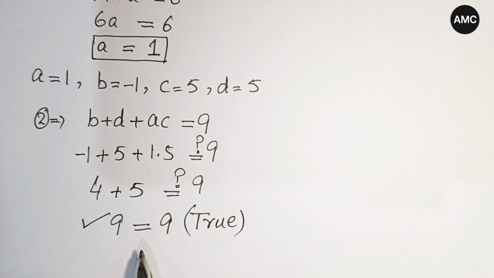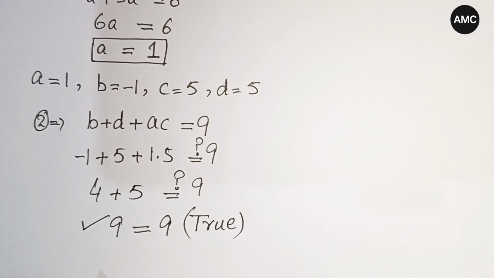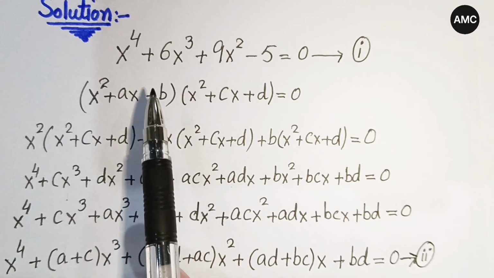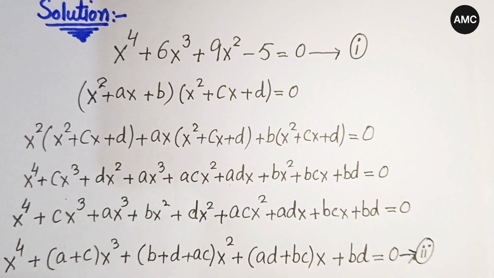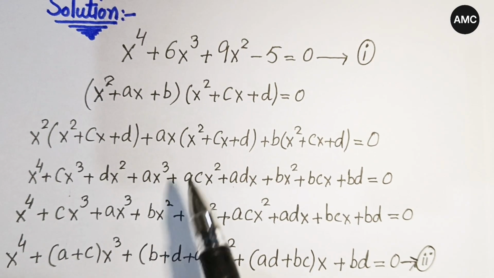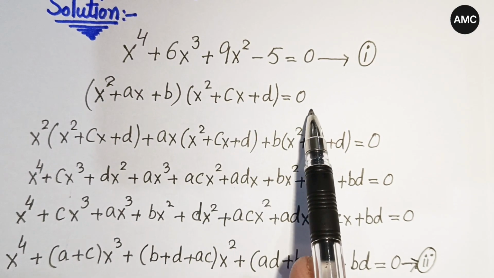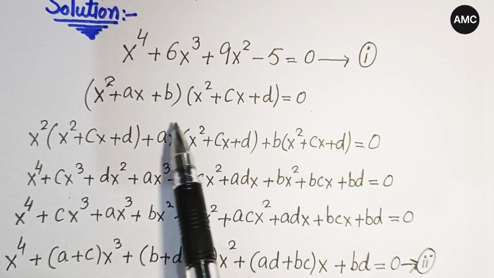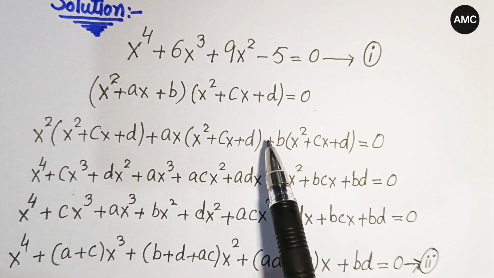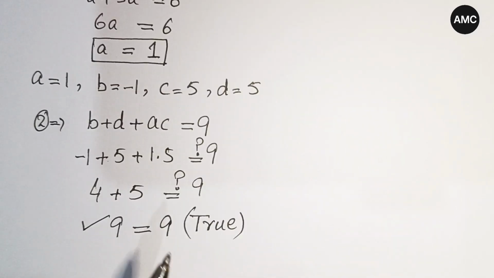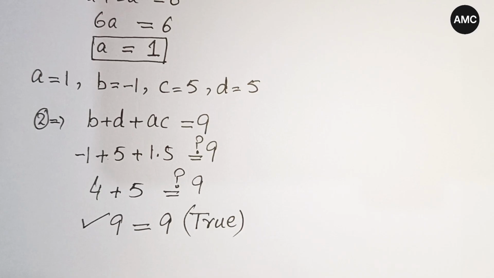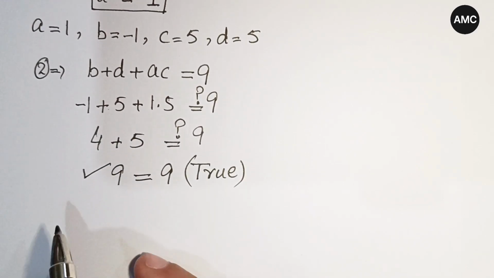Now we are going to suppose that we have x squared plus a times x plus b times x squared plus c times x plus d, equal to 0. Now putting the values of a, b, c and d from our case number 2.